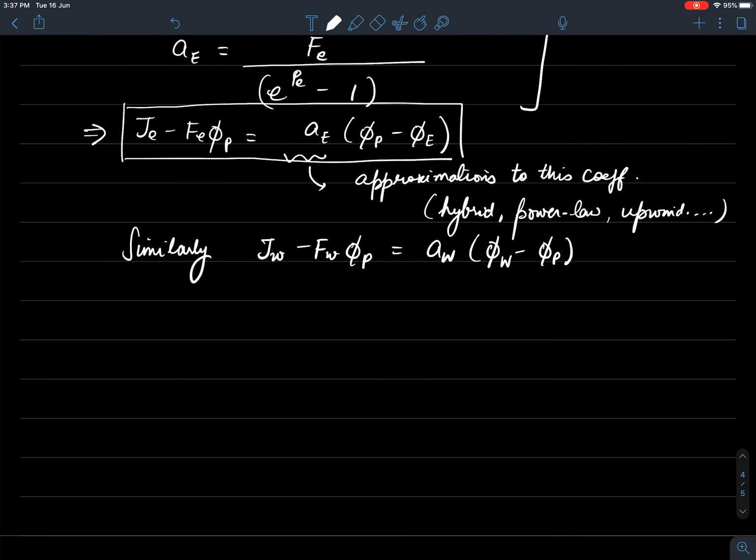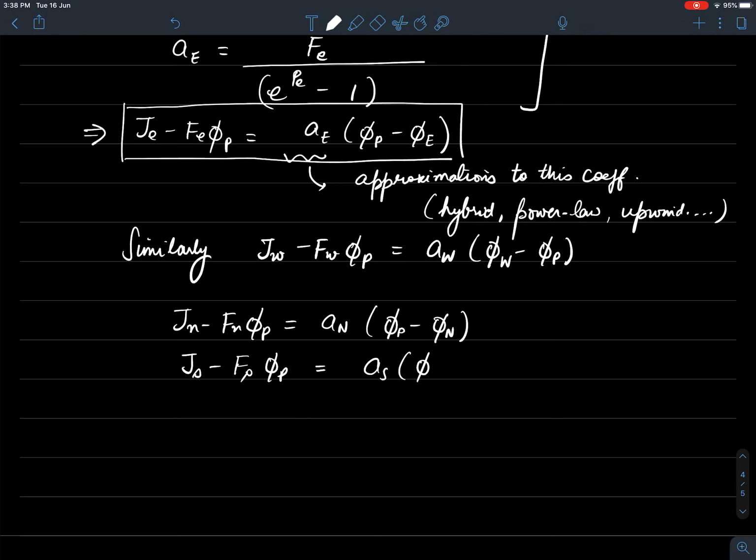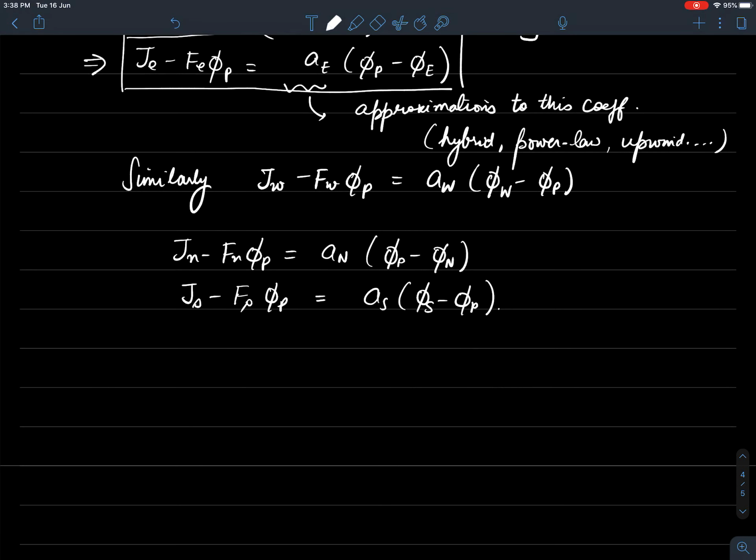And what you can also write is that Jn minus Fn phi p would be An times phi p minus phi n, and Js minus Fs phi p would be As times phi s minus phi p.